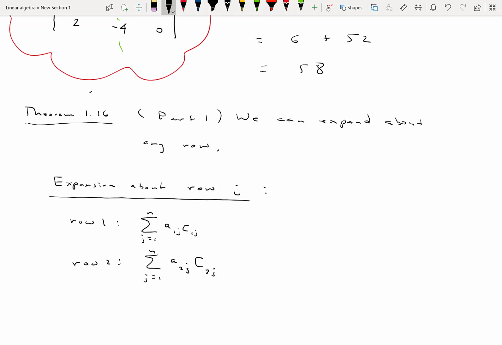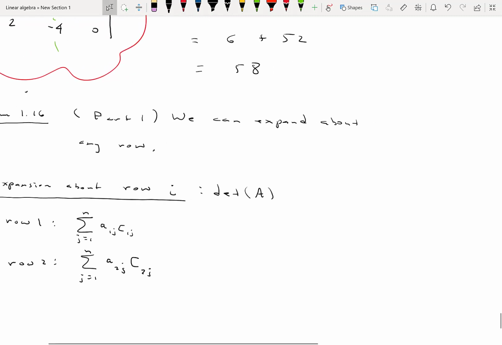So it seems reasonable that the determinant of A, if we have an n by n matrix, by expansion about row i should be the sum of a_ij c_ij, where j ranges from 1 to the number of rows or columns in our matrix. This is the expansion about row i, not the third row.